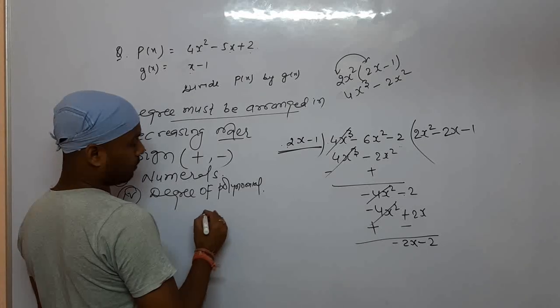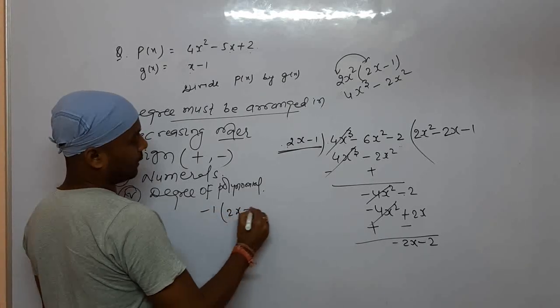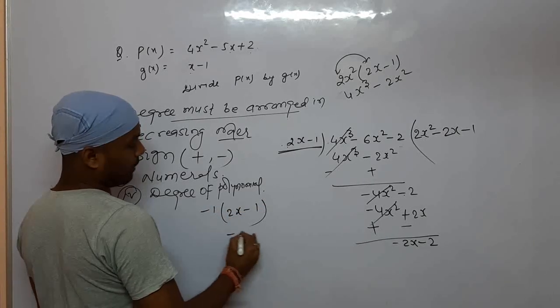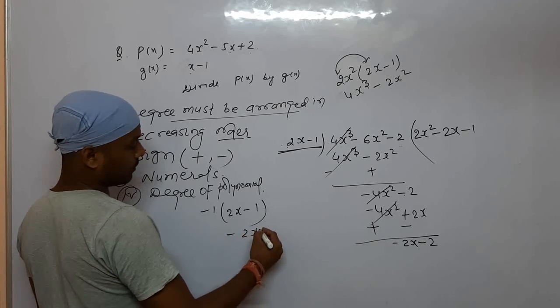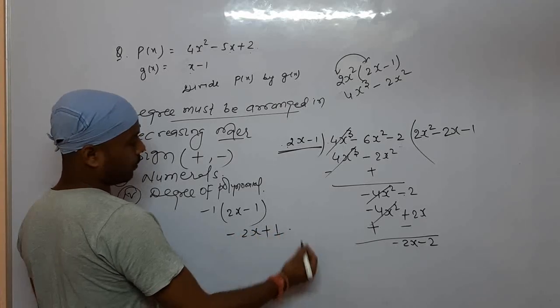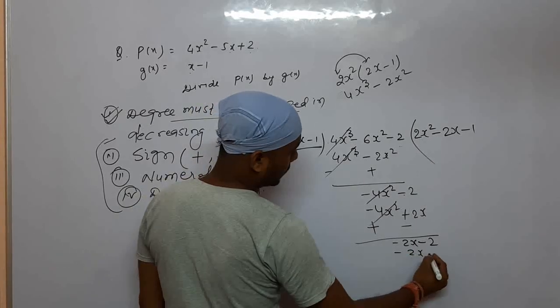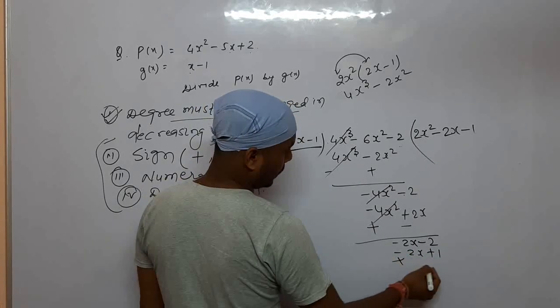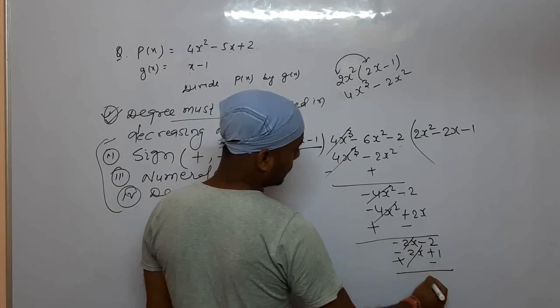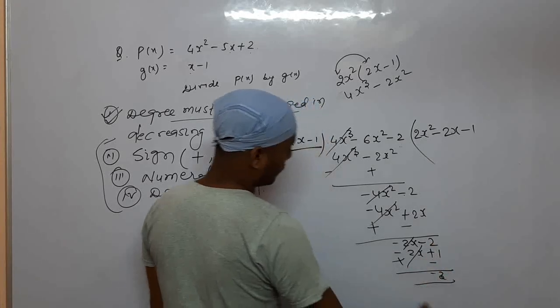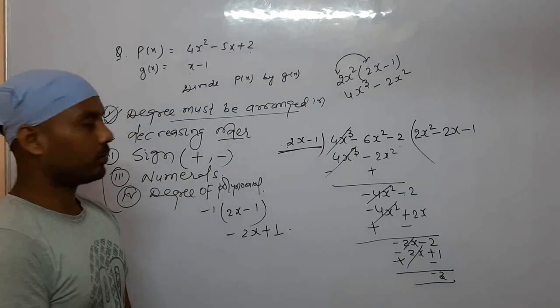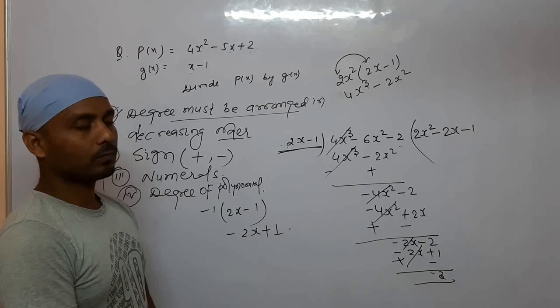So you have got minus 1 into 2x minus 1. You will get minus 2x plus 1. Positive, negative. Cancelled. Here you got the minus 3. This is your division. Okay?